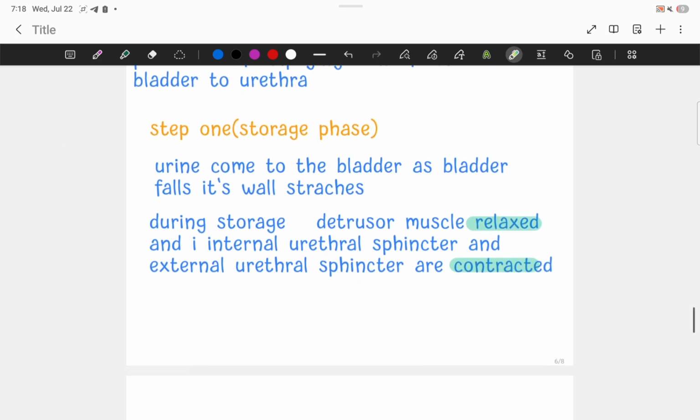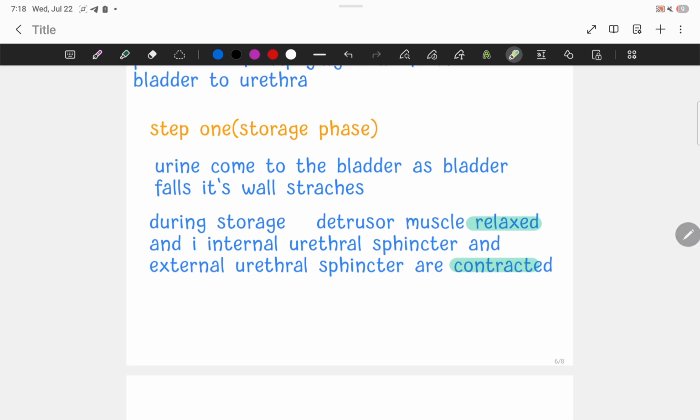So we talk about some physiology. If you need more, we can talk about it in another video, but this time we talk about it a little bit. So urine comes to the bladder, as the bladder fills the bladder wall stretches.